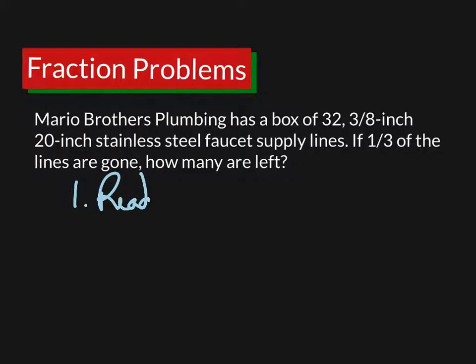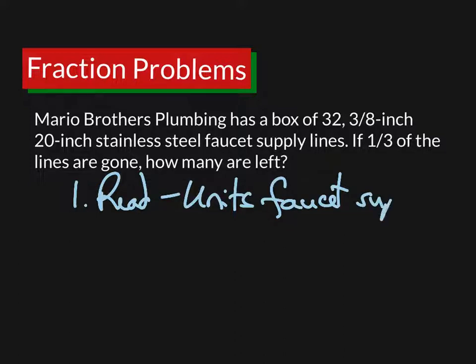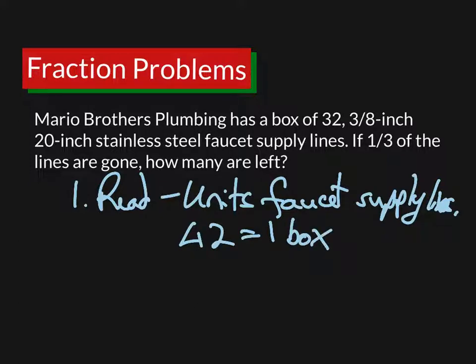Alright, so the units are faucet supply lines, and we know that 42 units make up one box, and we need to find out how many are gone.